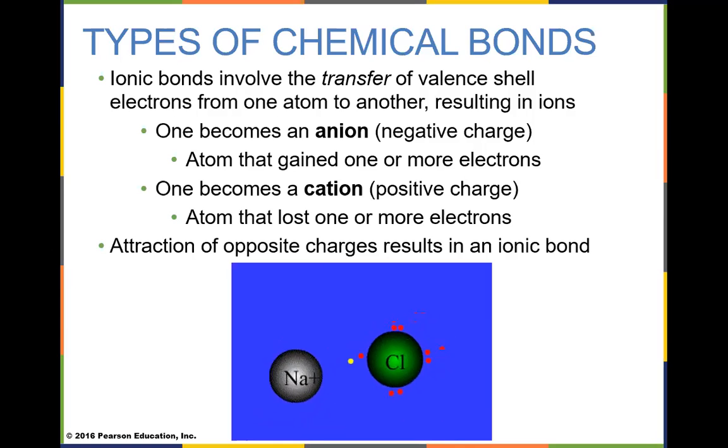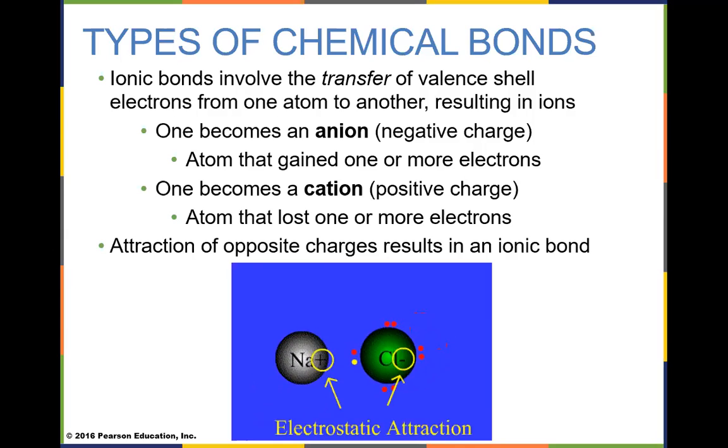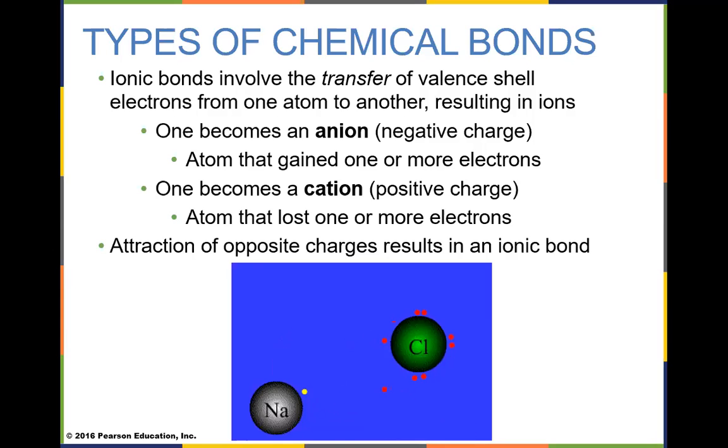The chlorine becomes negatively charged because it has an extra electron, more electrons than protons. We call it an anion. The sodium has lost the electron, so it has more protons than electrons. We call it a cation. It is the positively charged ion.